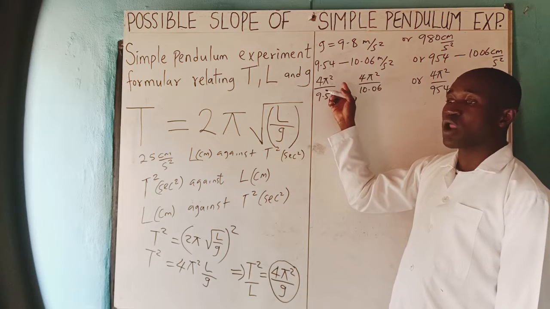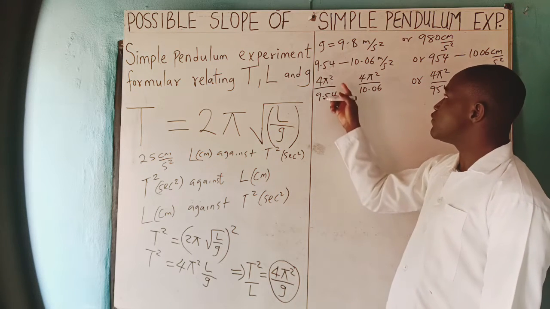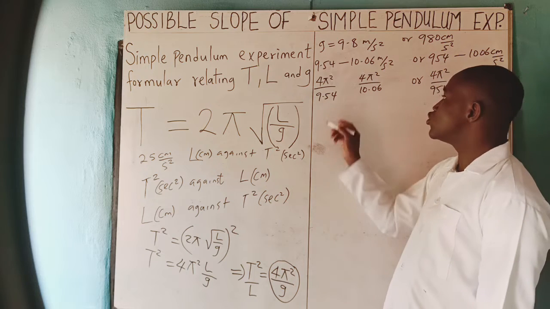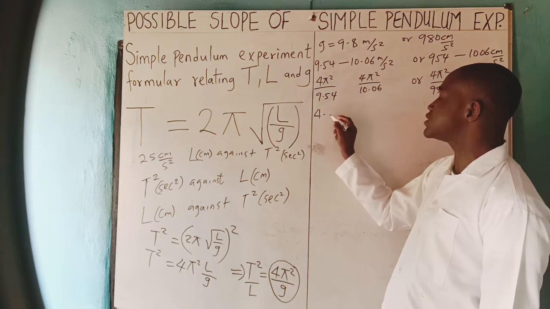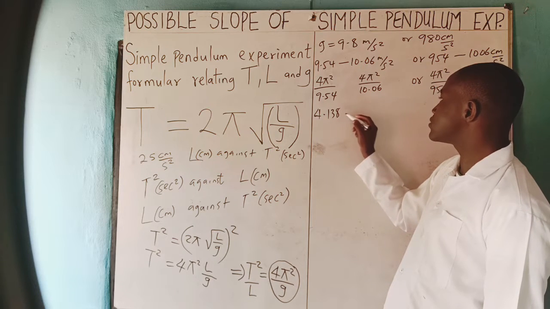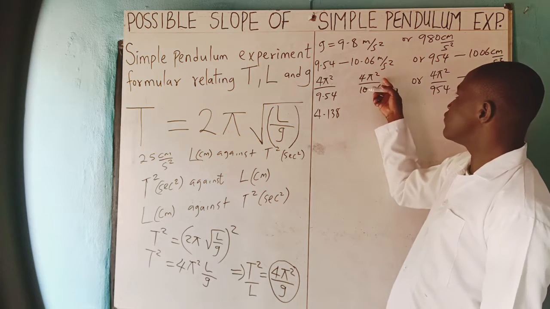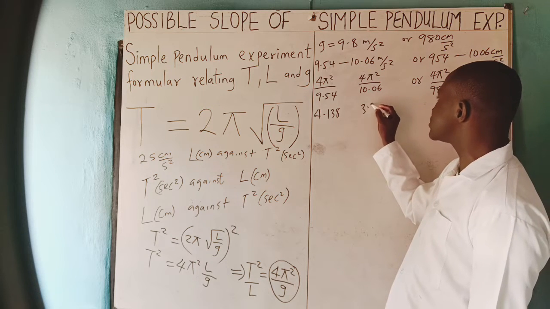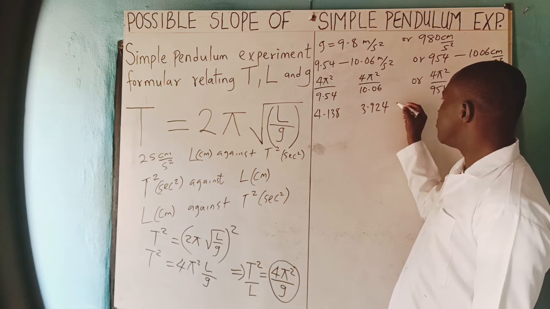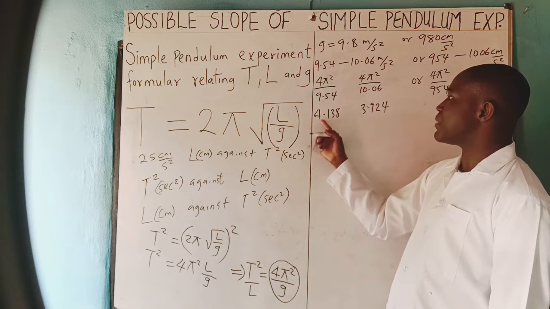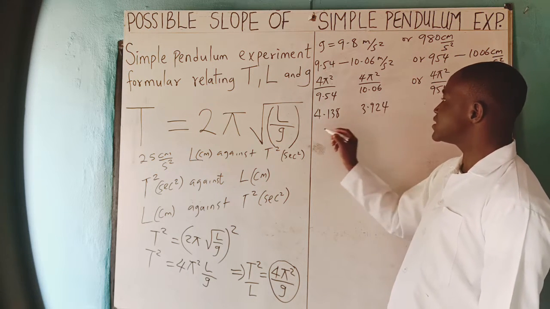Now, if you do 4 pi square all over 9.54, you will get 4.138. Then if you do 4 pi square all over 10.06, you will get 3.924. Both are in meter per second squared. So you notice that this number is bigger than this, so we start from the lowest.